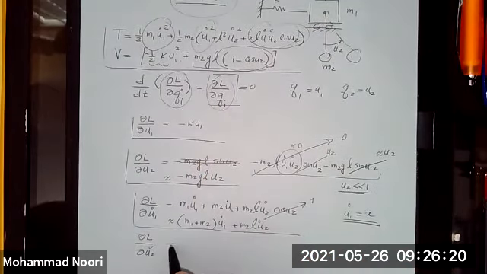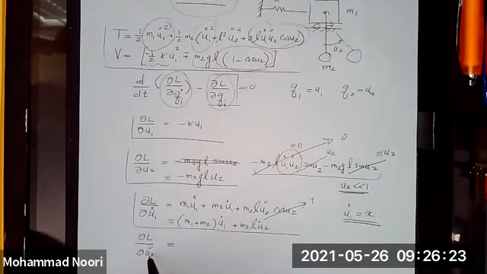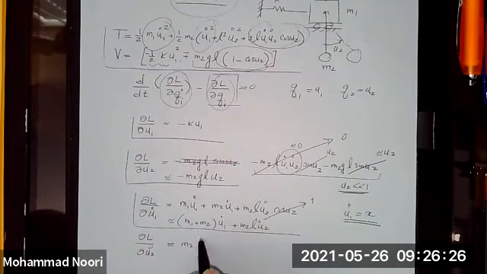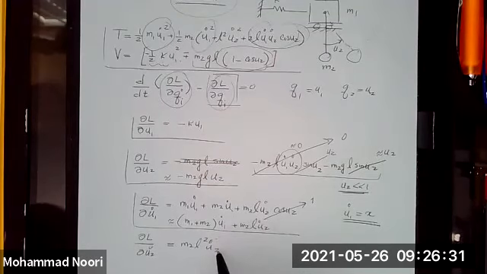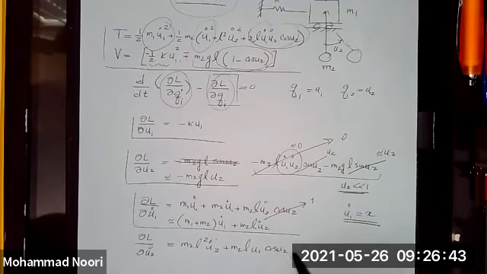If you take that derivative, you get M2 L squared U2 dot plus M2 L U1 dot cosine of U2. Again, U2 being small, this simplifies as M2 L squared U2 dot plus M2 L U1 dot.